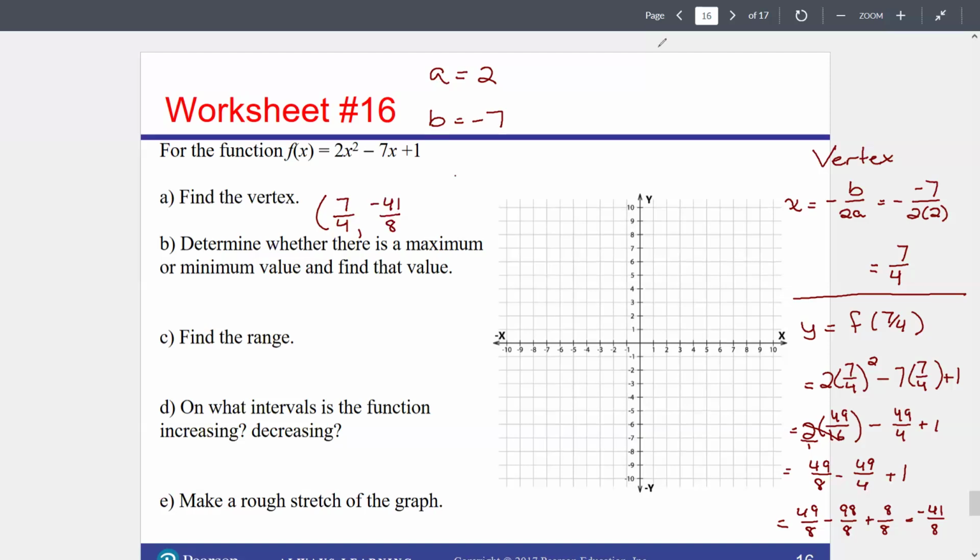All right. So I actually just scrapped this to make sure that it was right. And yes, that is the vertex. So we want to determine, like I said, you can't get fractional vertexes, that's fine. We want to determine whether this is a maximum or minimum value.